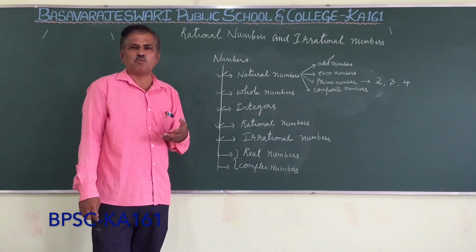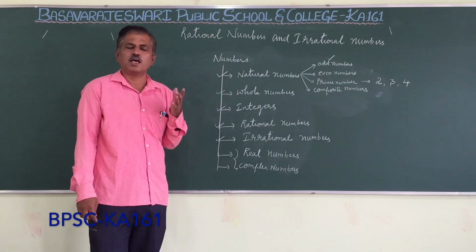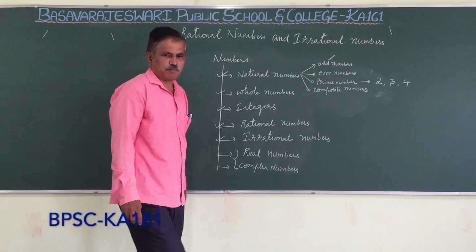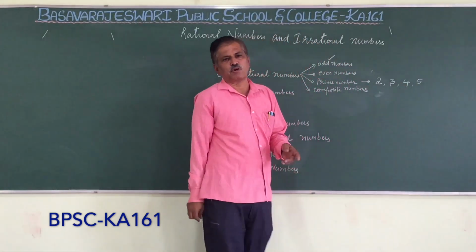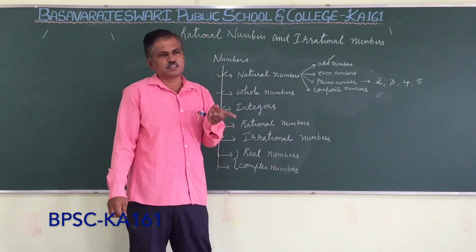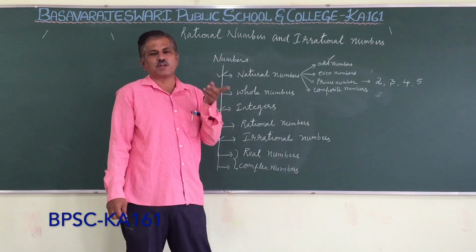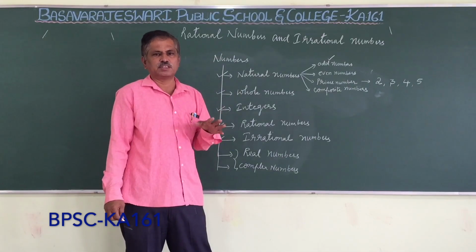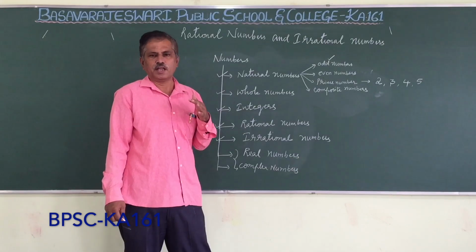5 is divisible by 1 and itself, and cannot be divided by any other number, hence 5 is a prime number. 6 is not a prime number because 6 is divisible by 1, 6, and also by 2 as well as 3, so it has factors 2 and 3 other than 1 and 6.